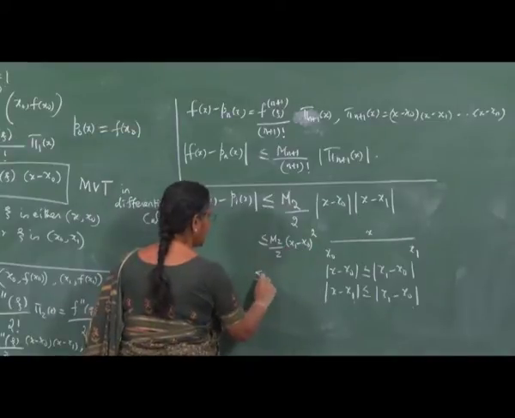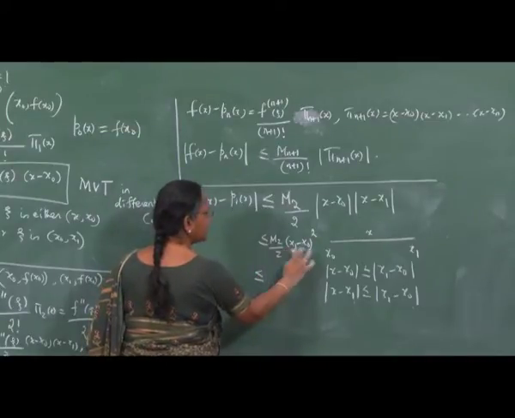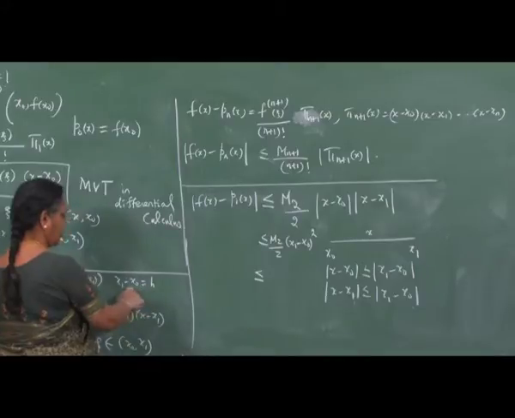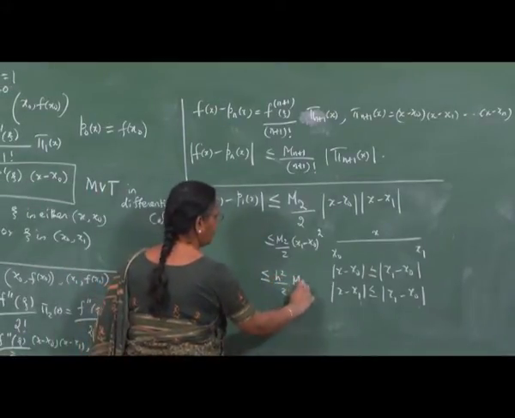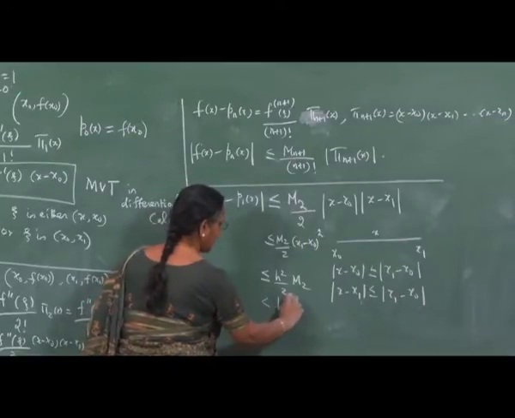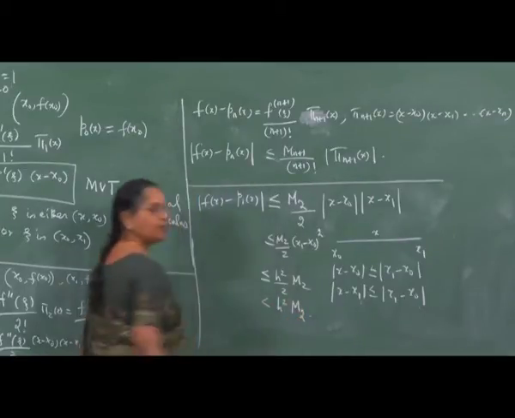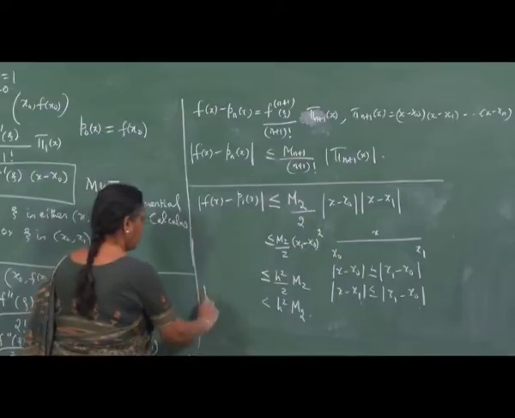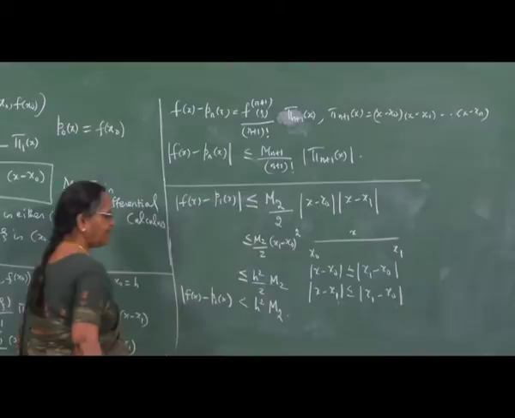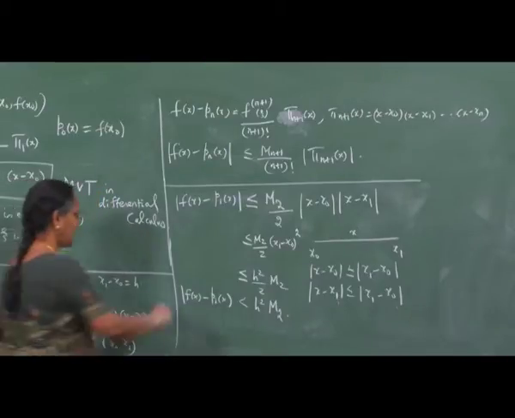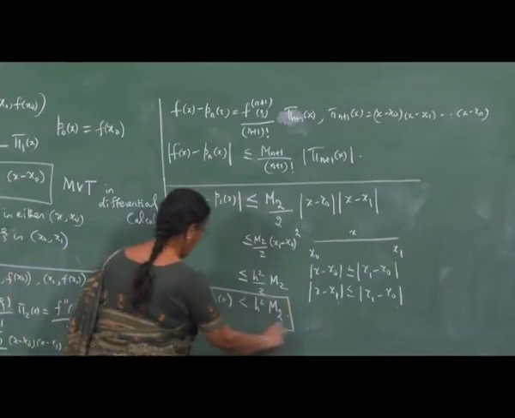That is, it is less than or equal to, this is h according to our notation, h square by 2 into m2, which is less than h square into m2. So, modulus of f of x minus p1 of x can be made less than h square times m2.